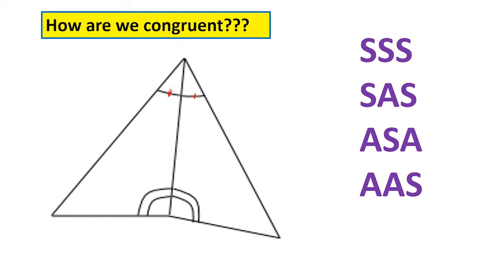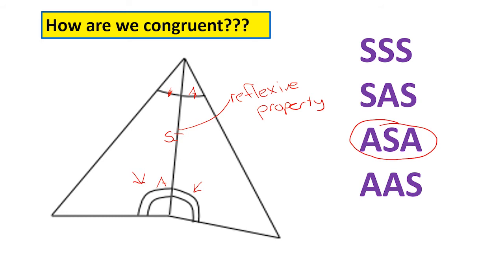We have a side that is congruent because they share a side. So we can say that that is the reflexive property because they share a side, so they have to be congruent. And then we have another pair of congruent angles here. So we have an angle, a side, and an angle.